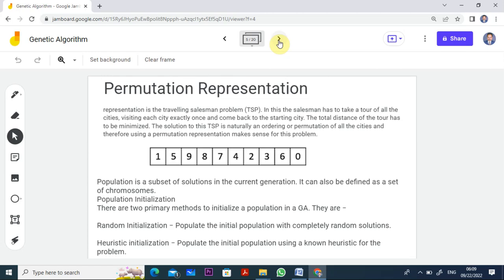But in heuristic initialization, we populate the initial population using some known heuristic, based on some principle or certain things. So these are the 2 types of population initialization we apply.